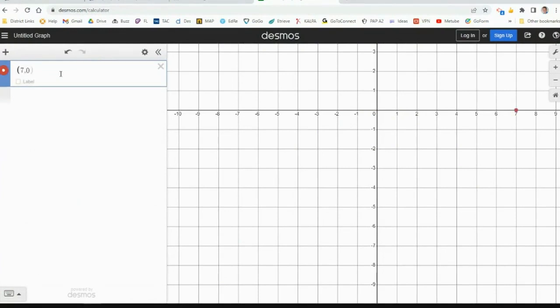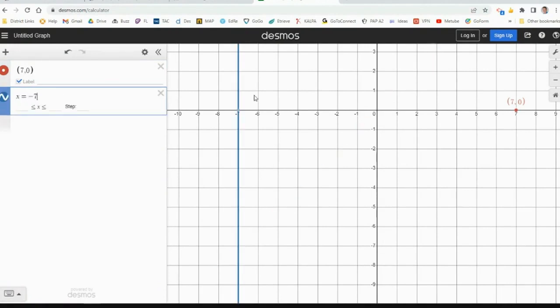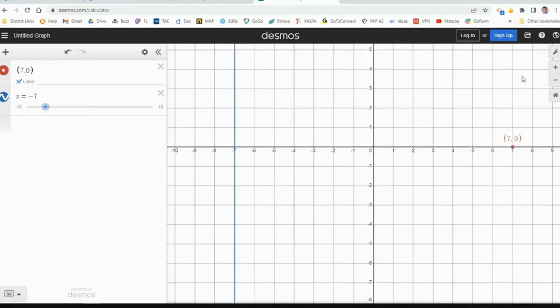The focus is at 7, 0, and the directrix is x equals -7. So this is a parabola that opens to the right. We know it's a y squared because the directrix is vertical and the focus point is over at 7, 0, so it goes to the right.